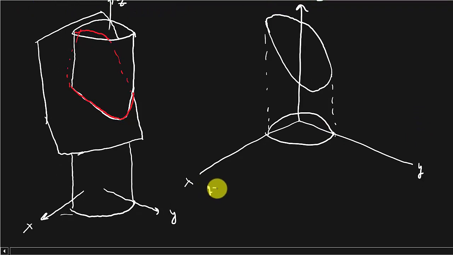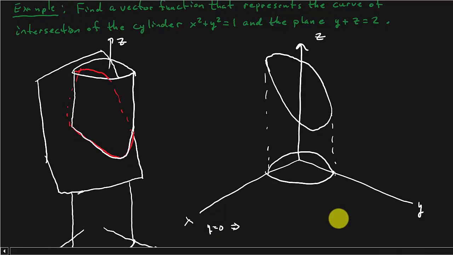And so if we have y equals 0, then that gives us x squared is equal to 1, which means x equals plus or minus 1. So I took the y equals 0 and plugged it into there. And then if I plug the y equals 0 there, I get z equals 2. Okay?